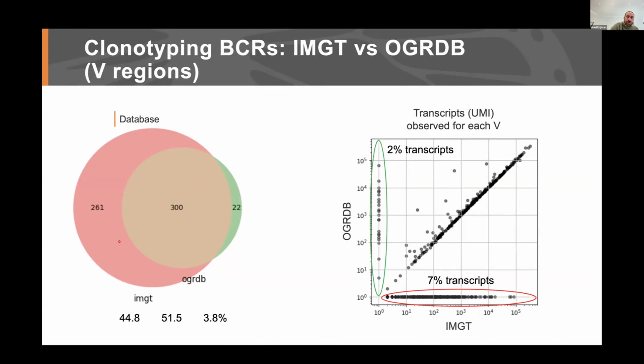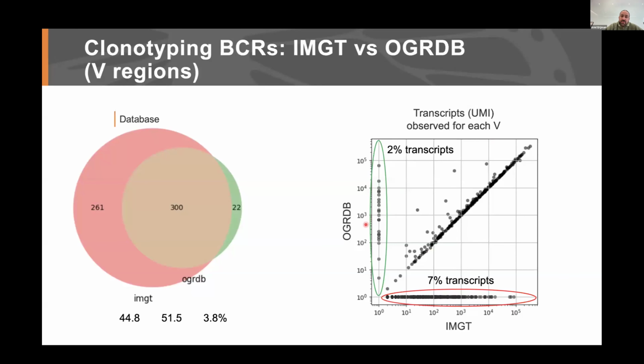in IMGT, we have more genes and alleles, and more V regions were assigned compared to OGRDB. In fact, the overlap was rather small. However, interestingly, when we look at the transcript counts or UMI counts, the correlation is really, really good.